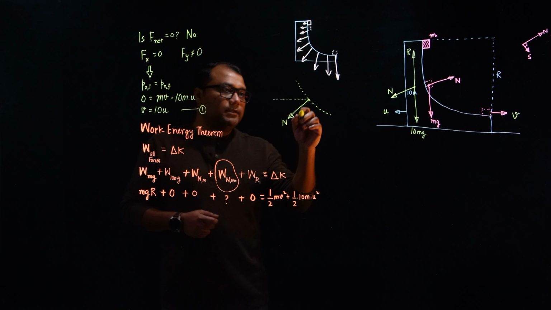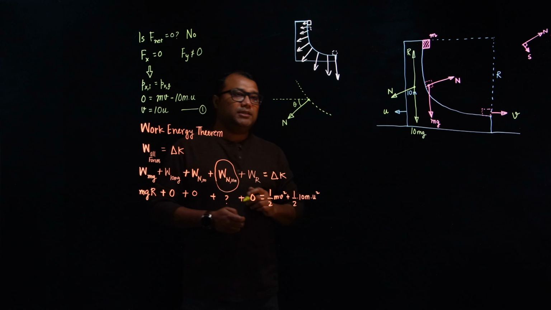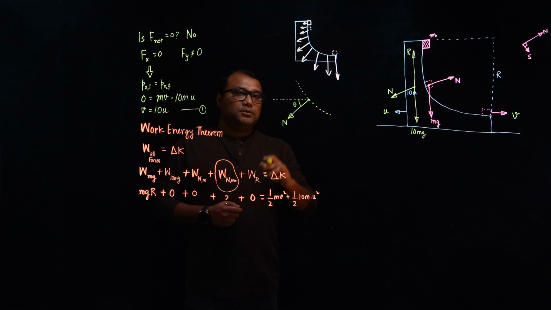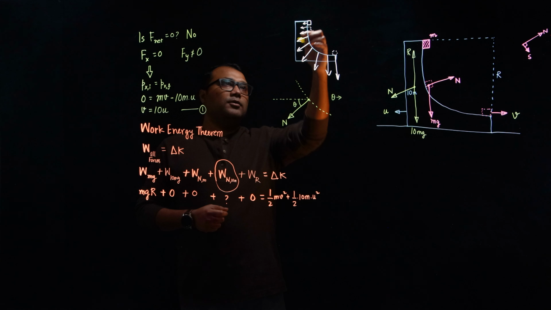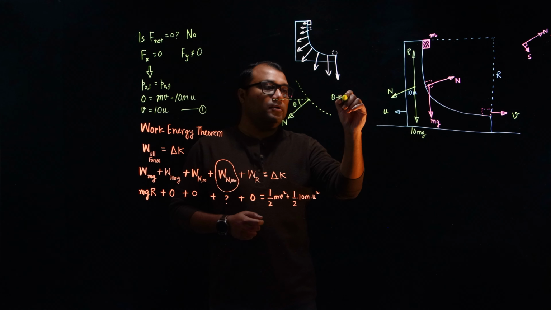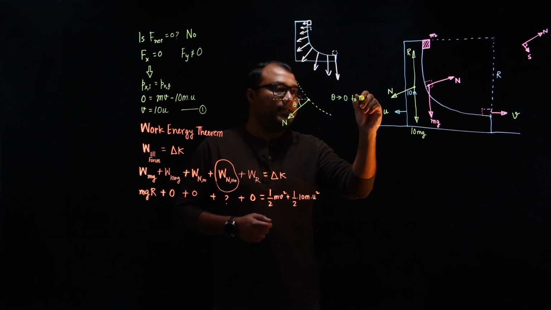If I draw a horizontal, this is the angle theta that N makes with the horizontal. So this theta varies from 0 when it was at the top to pi by 2 when it came here to 90 degrees.